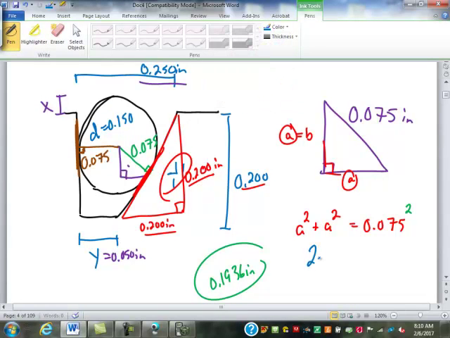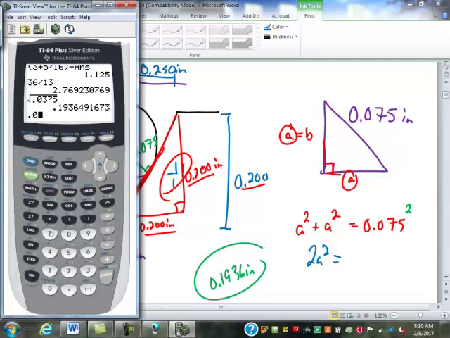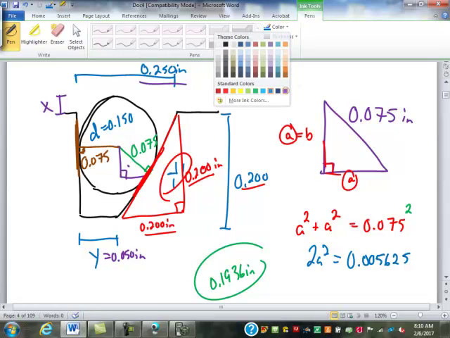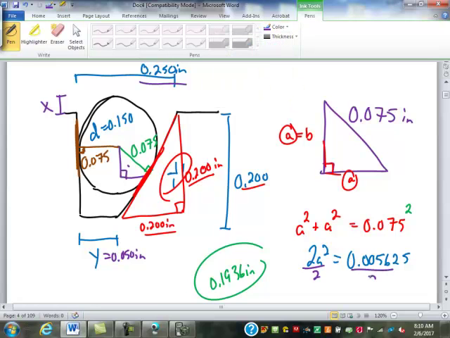So this is 2A squared. This is 0.075 squared. Helps if I do my full math, right? So it's 0.005625. That has to be divided by 2. So 0.0028125.